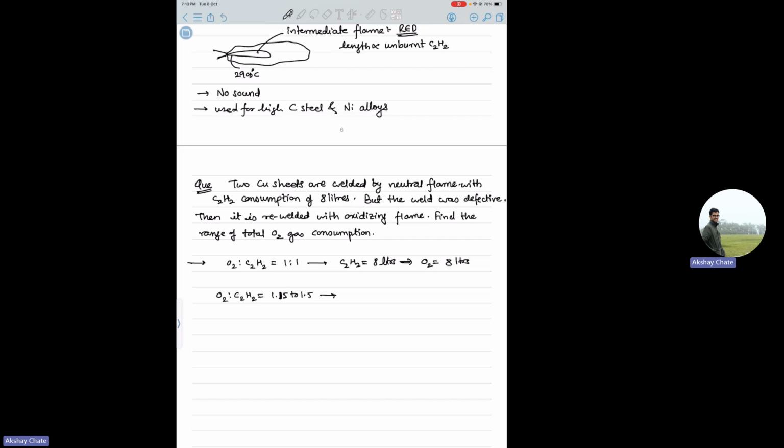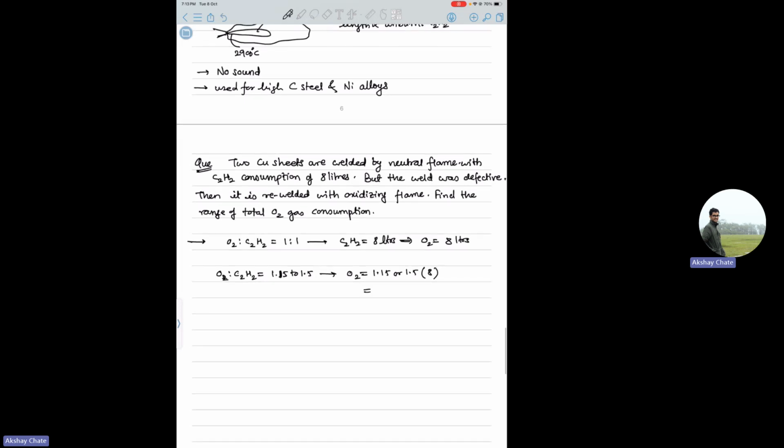So in that case, this oxygen will be 1.15 or 1.5 times of 8, correct? Because it is 8 liters. So if you calculate these numbers, it should be 9.2 to 12. Okay, so you could have used 9.2 or 12.